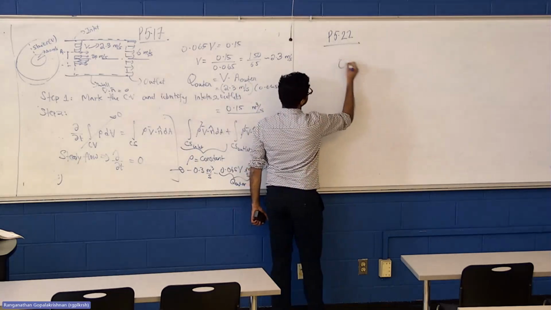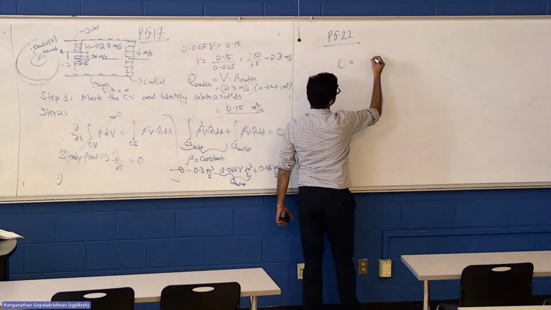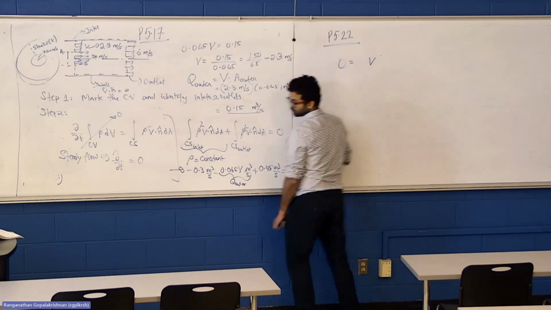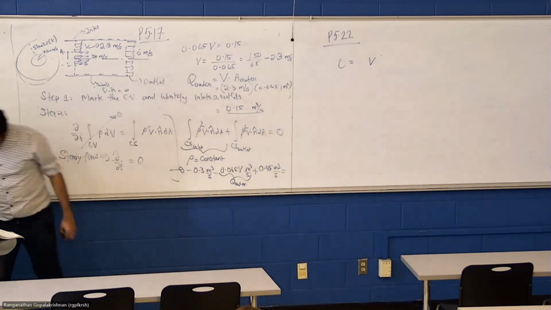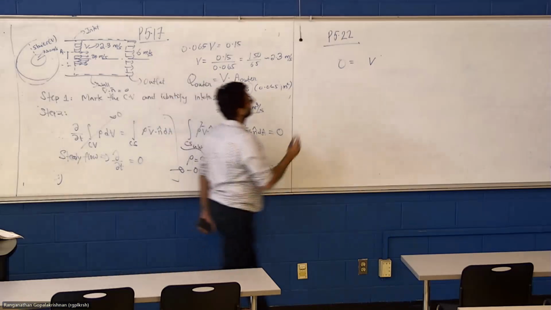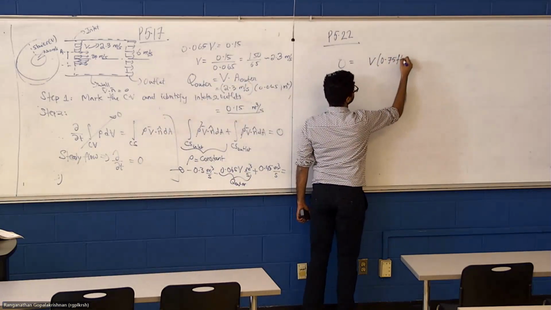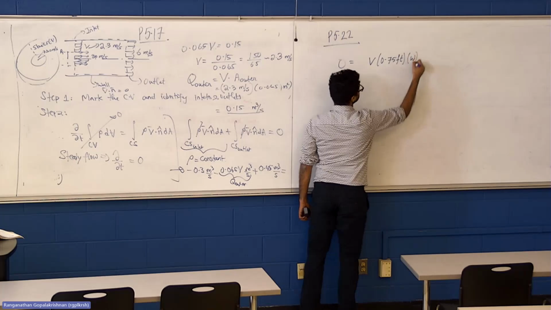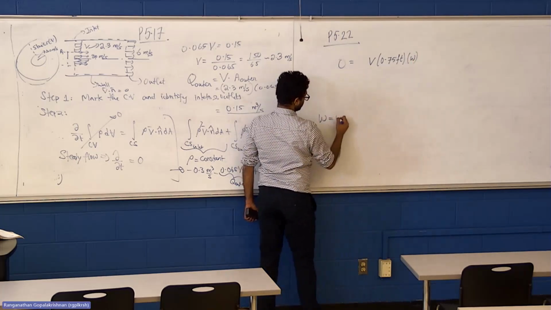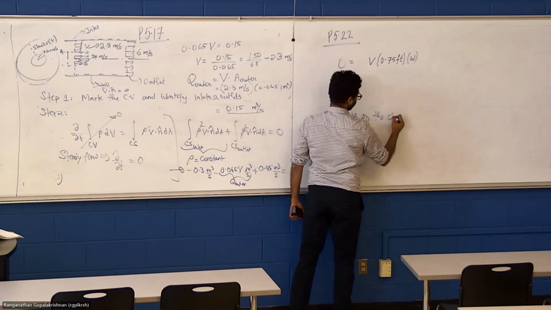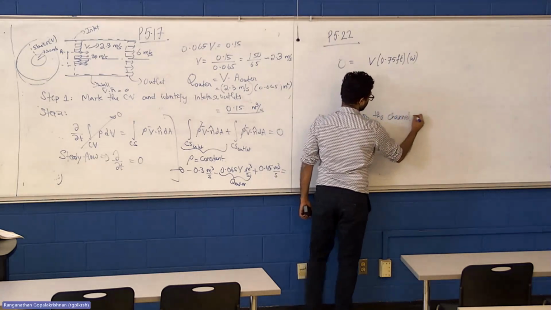So I have 0 equal to V times the height, 0.75 feet, multiplied by W, where W is the width of the channel, given as 3 feet.